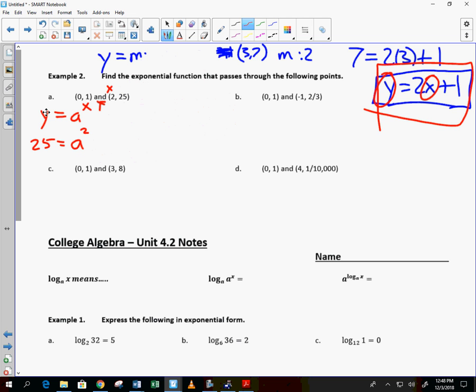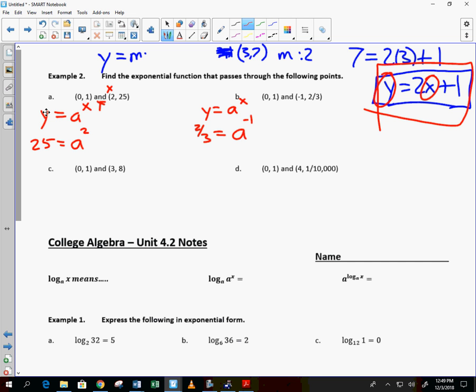We try the next one. I need y equals a raised to the x power. What is my y value? 2/3. What is my x? Minus 1. What number do you raise to the minus 1 to get 2/3? What does it mean to take something to the minus 1 power? You flip it.